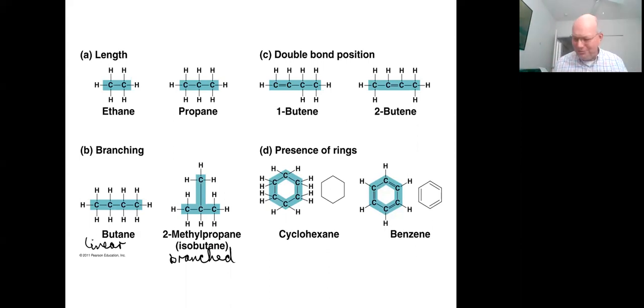So there's 10 hydrogens on that one. So it's C4H10. When we look at this one, 3, 6, 9, plus 1 here, that's 10. So both of these are C4H10. But the one thing that you can say about these two is that while they may have the same chemical formula, C4H10, they are definitely not the same molecule.